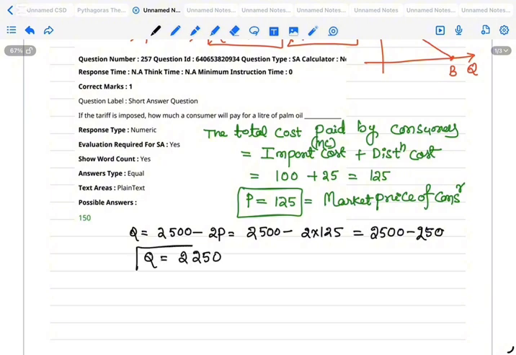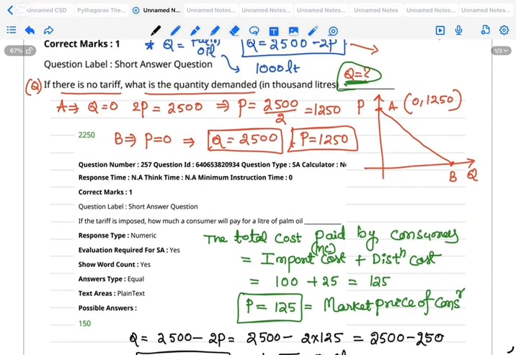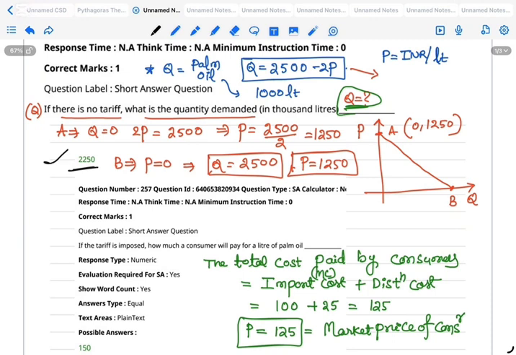So the quantity without tariff is 2250. This is the answer for this question.